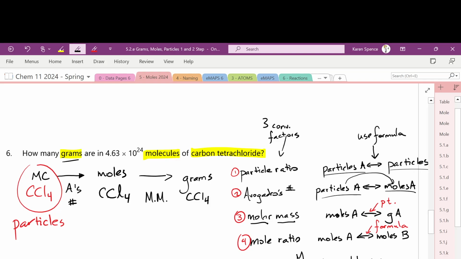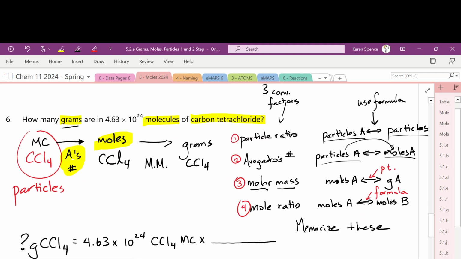Actually, I should start by saying I want to find the grams of CCl4, and I am starting with 4.63 times 10 to the 24 CCl4 molecules. If you map your problem, you'll know that you need to use Avogadro's number to change from molecules to moles. So what unit do we want on the bottom?